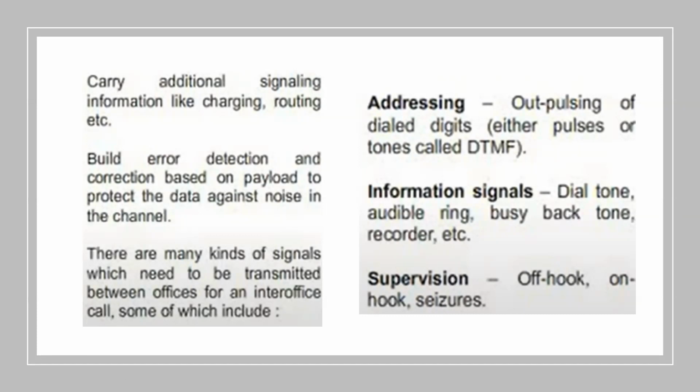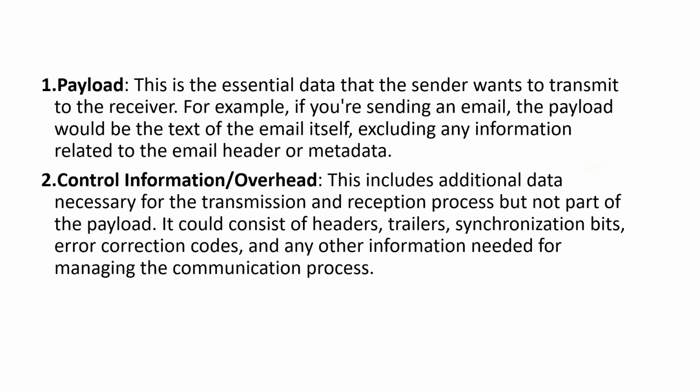But with the main information, we need to add some additional information like error correcting information, the destination address, and the source address. Without these additional parts, the main portion of the message is known as the payload. I have given the definition of payload here as well. This is essential data that the sender wants to transmit to the receiver.